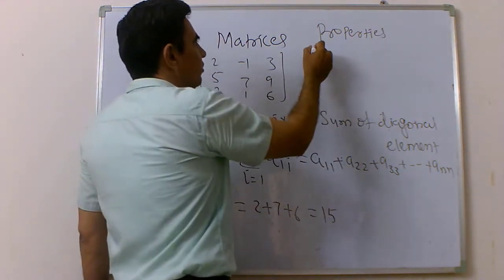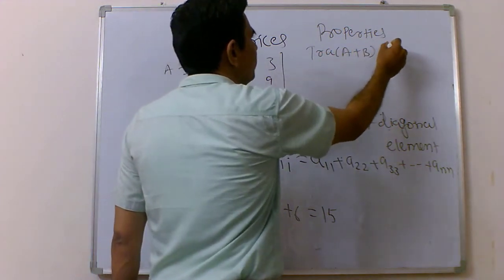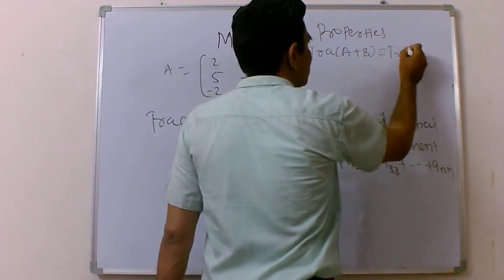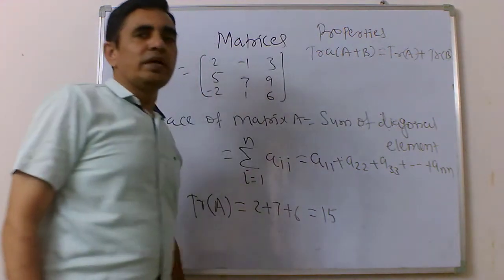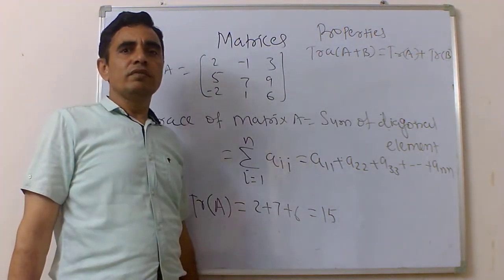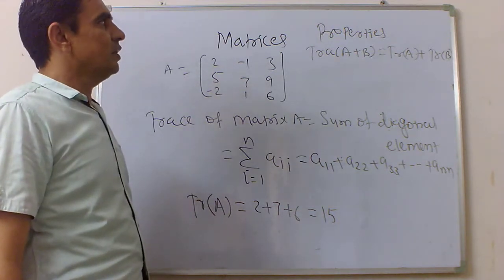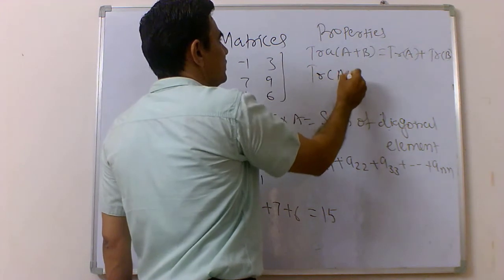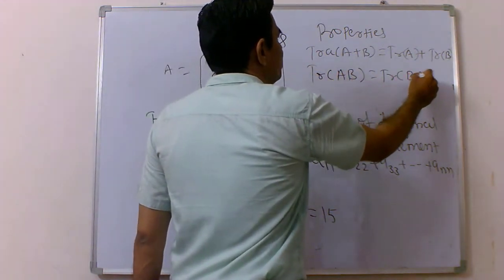Trace of A plus B is equal to trace of A plus trace of B. This is a property of the trace of a matrix. Now trace of the product matrix AB is equal to trace of the product matrix BA.